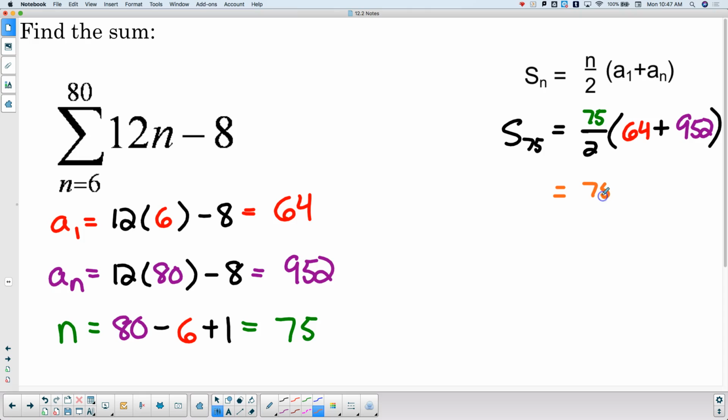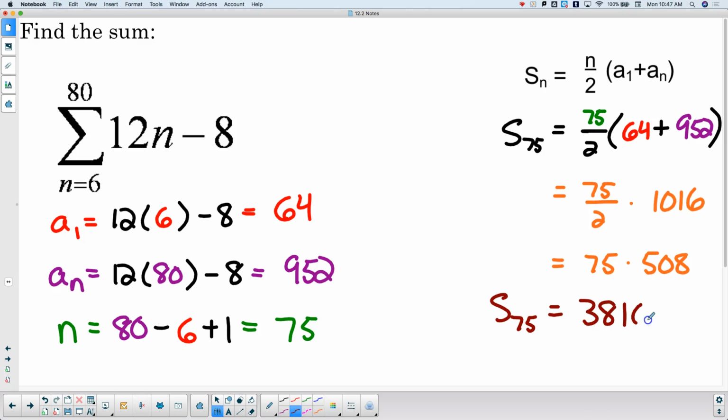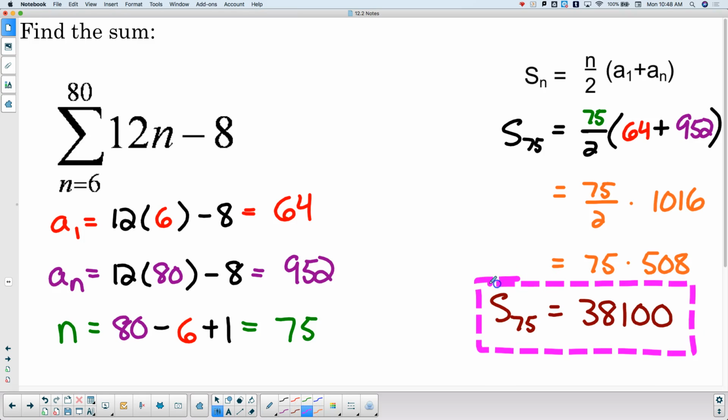That's going to be 75 divided by 2 times 1016. I get 38,100. Yes?